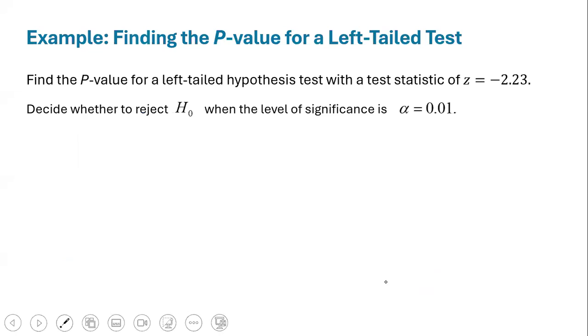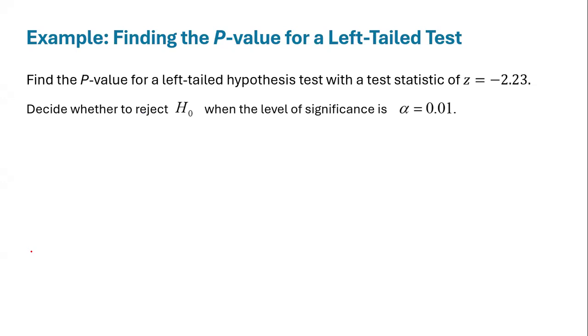Let's look at these examples. It says find the p-value for a left tail hypothesis test with a test statistic of z equal to negative 2.23. Okay. We don't have the null and alternative hypotheses in this example.